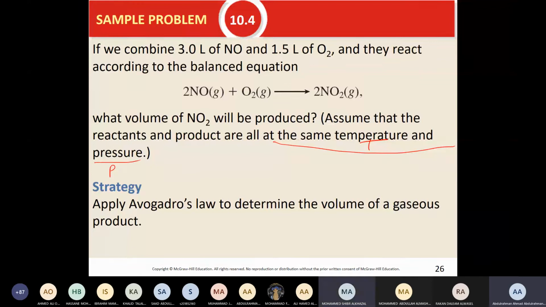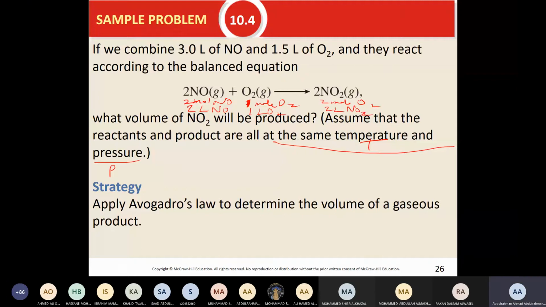I can easily say here that 2 mole NO react with 1 mole O2 and give me 2 mole NO2, right? What I can say also, 2 liters NO react with 1 liter O2 to make 2 liters NO2.